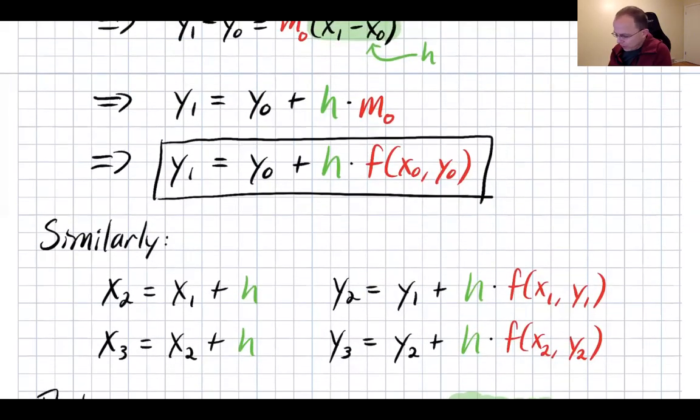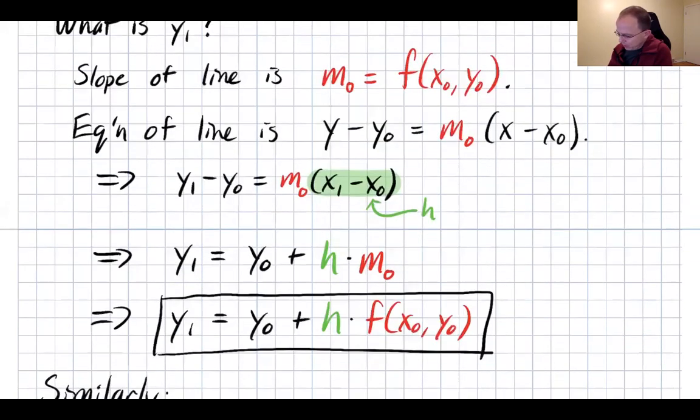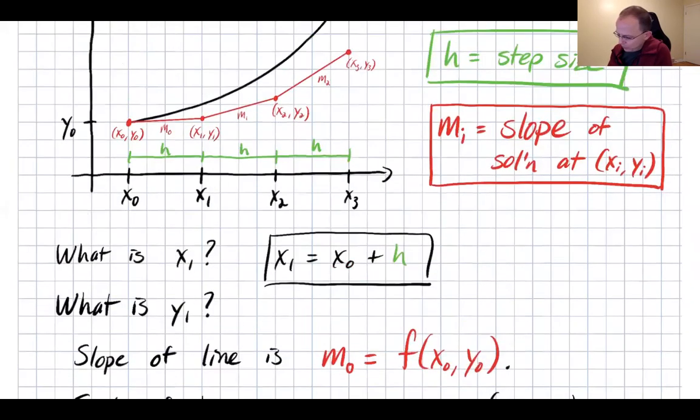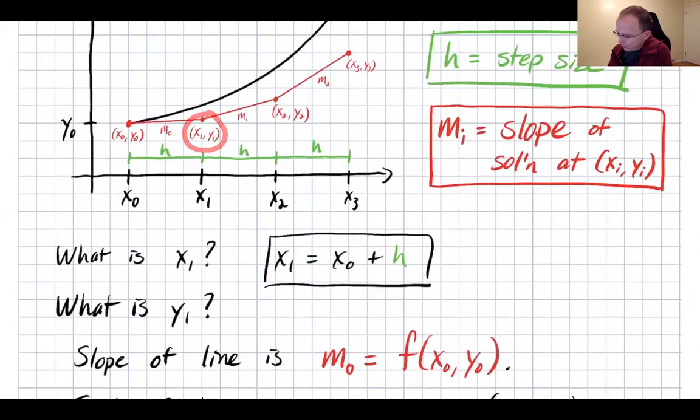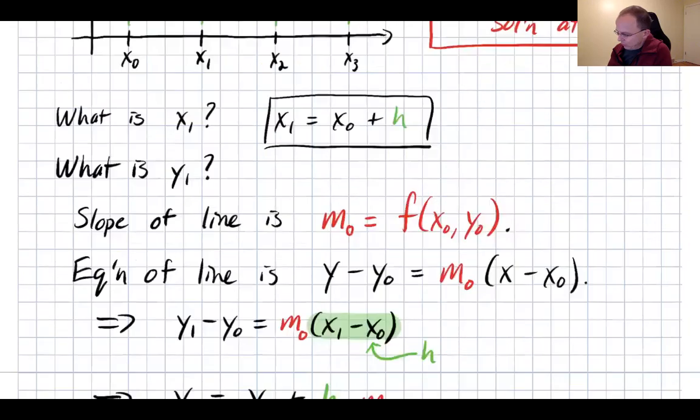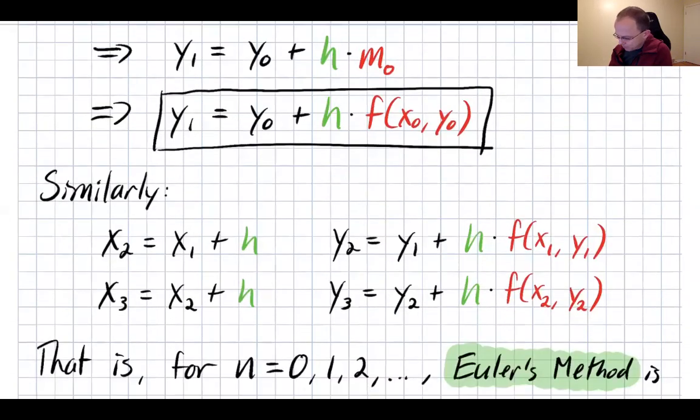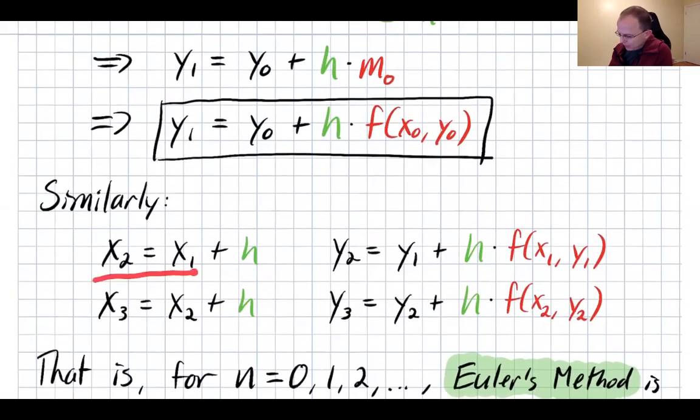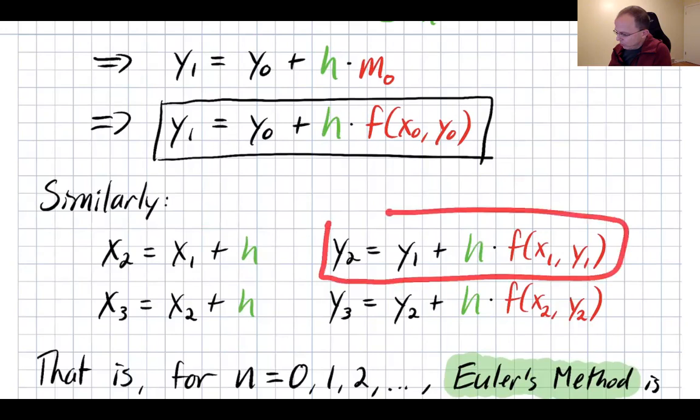Okay, so what are the other formulas? Because you saw up here, we're going to x1, y1, then x2, y2, and x3, y3. So what are the formulas for these? Well, they're precisely the same. x2 is x1 plus h, and y2 is equal to y1 plus h times the slope at x1, y1.